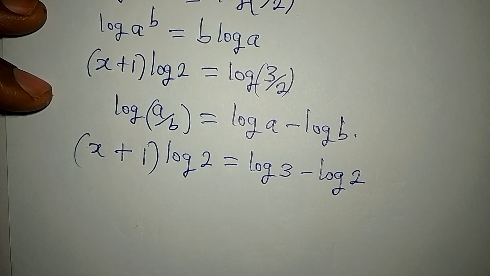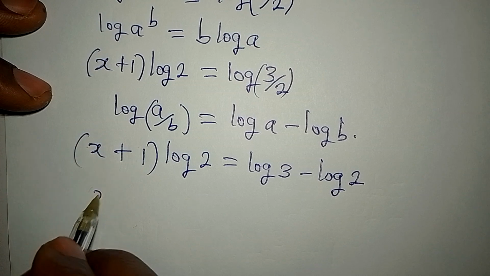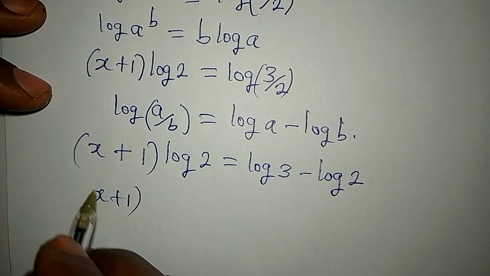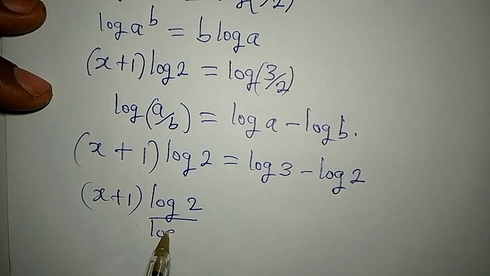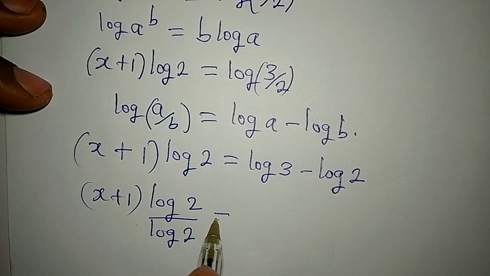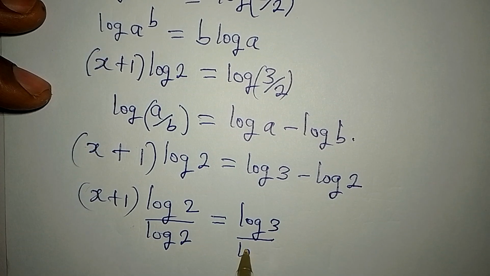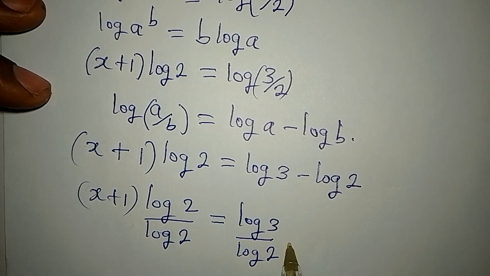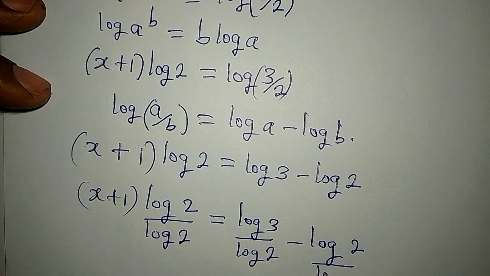Now, from here, we can divide all through by log 2. So I have x plus 1 in brackets, log 2, divided by log 2. This is equal to log 3 divided by log 2, and then minus log 2 divided by log 2.